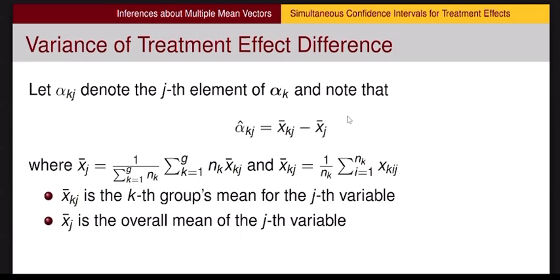What is the significance of this in the statistical world? It is very essential when it comes to hypothesis testing involving mean vectors. If I want to conduct hypothesis testing around mean vectors, or construct a confidence interval of the difference of mean vectors, I need the variance of the difference.